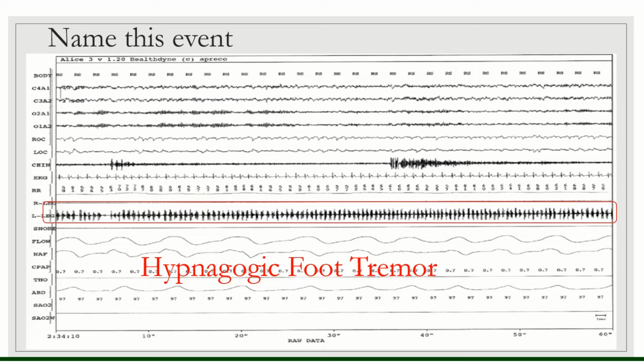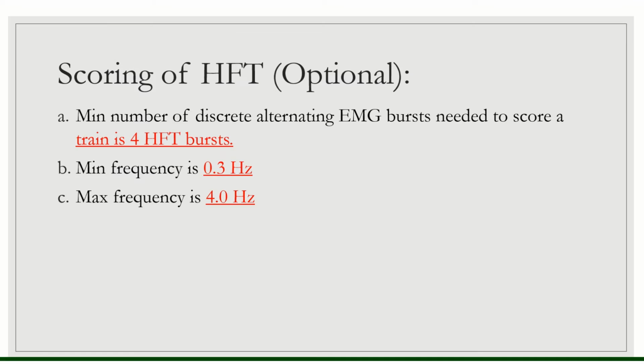You see it's even more of these than the excessive fragmentary myoclonus that we just went over, the EFM. So this is another reason why it's not recommended to score this. You will be all night once again.